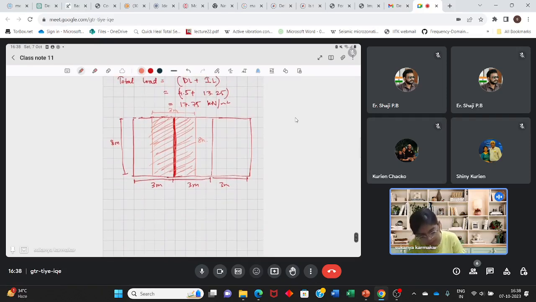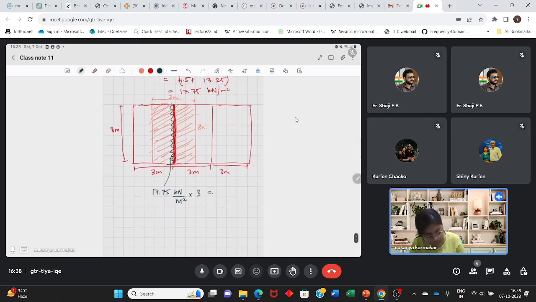Let's say I want to convert the load into a UDL. This UDL will be 17.75 kilonewton per meter square into this 3. So this comes out to be 53.25 kilonewton per meter.